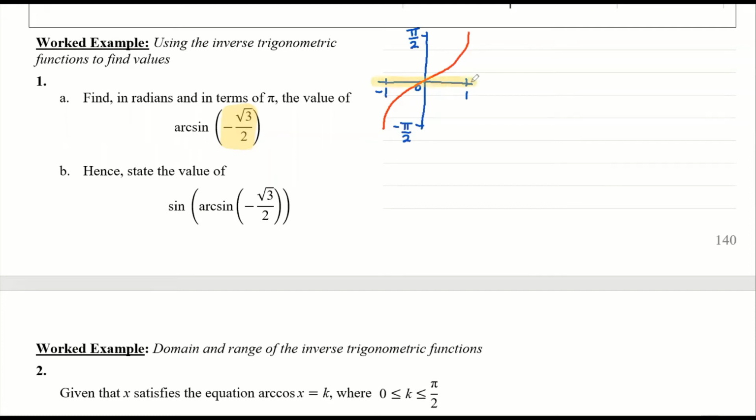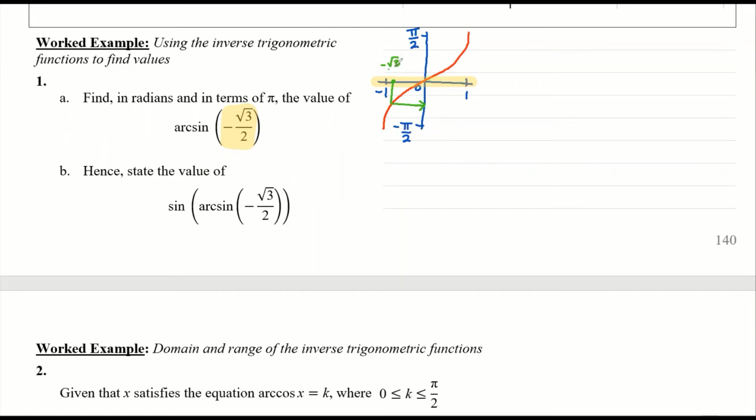So if we read off roughly where that value is, it's just a little bit greater than -1, about -0.87. So it's about here. So by reading off the graph, we can see quite clearly, I'll just indicate on there where it is.